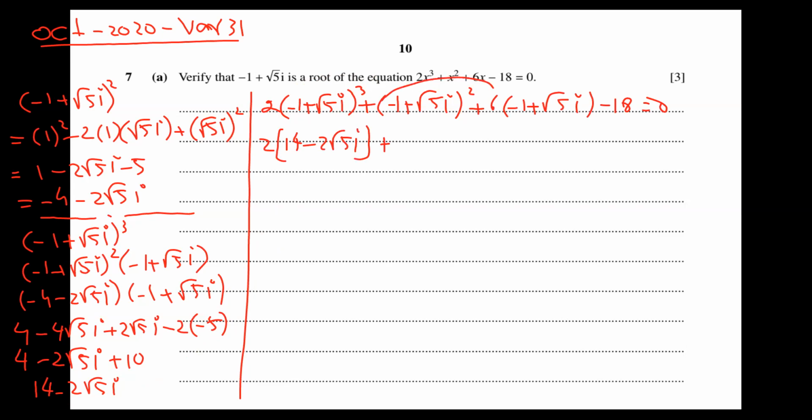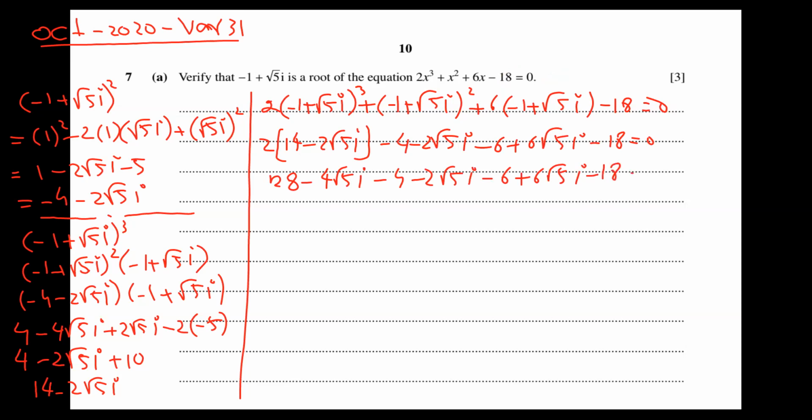Now this value comes from here. I'm copying; this is -4, so I'm writing -4 here. 6 multiplied inside, I get -6 plus 6 root 5 iota, -18 equals 0. So 2 multiplied into both terms in the bracket gives 28 and -4 root 5 iota... Then -6 plus 6 root 5 iota, and -18 equals 0.